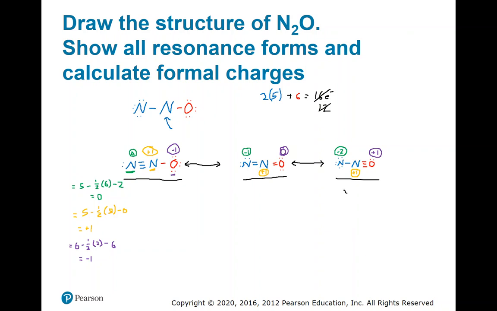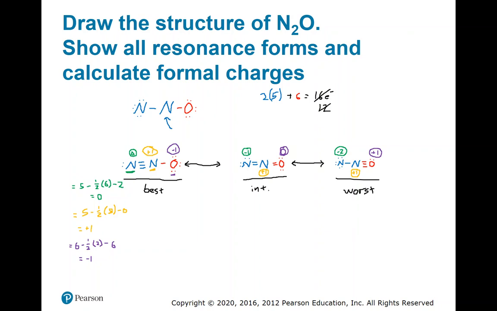So this form on the right is the worst representation, and this form on the left, where our negative formal charge ended up on oxygen, is going to be the best, and the one in the middle here is going to be intermediate between the two.